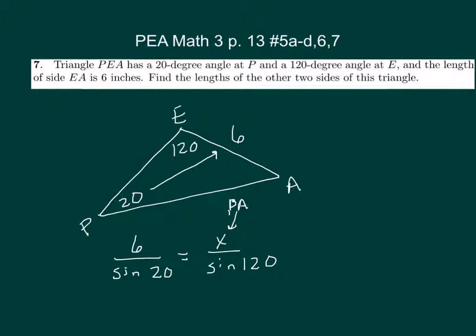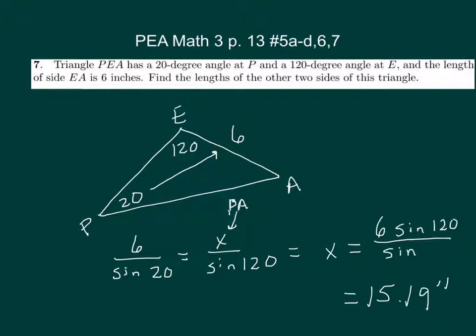So we do that, we could probably do it all at once. X equals 15.19, and that would be inches. And if you're not sure how she did that, she cross-multiplied: 6 sine 120 divided by sine 20.